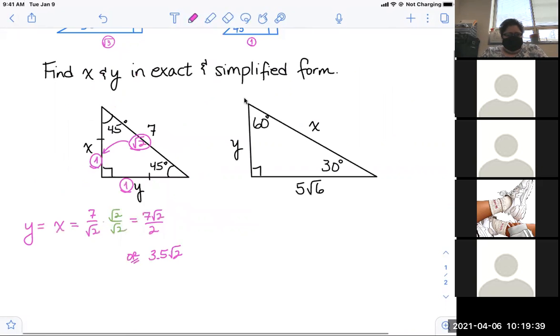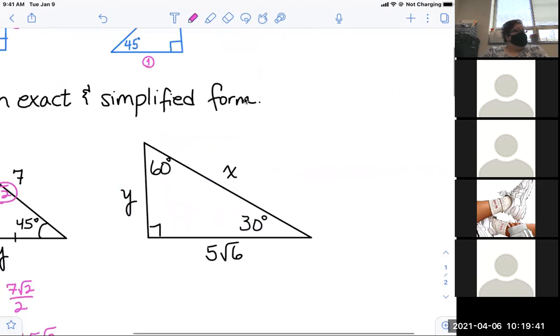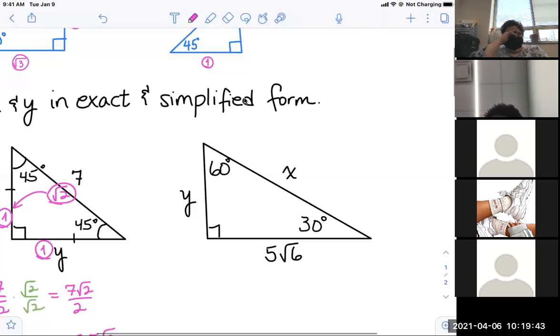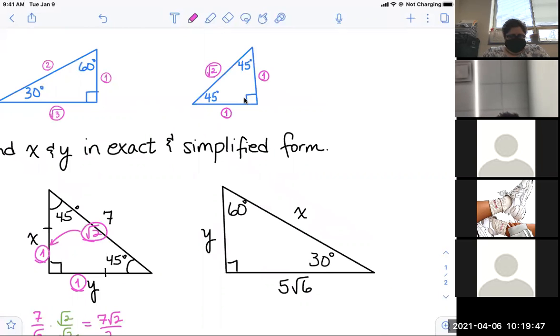Okay, and then for the 30, 60, 90. So Sarah, tell me where the numbers go, the 1 and the 2 and the root 3. I gave you the triangle up here at the top.